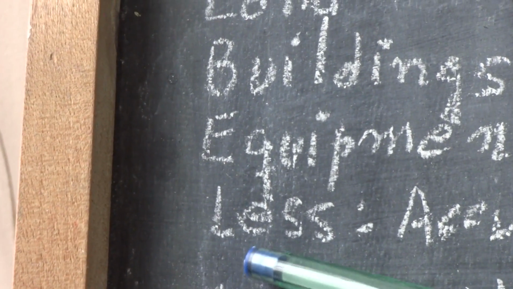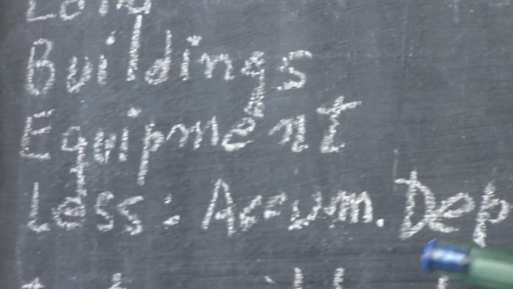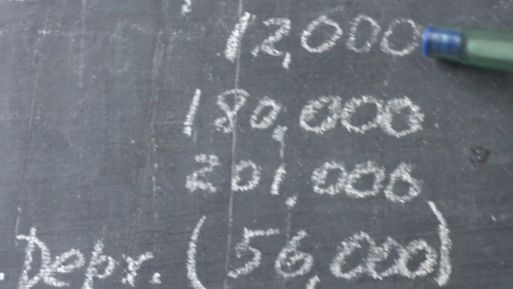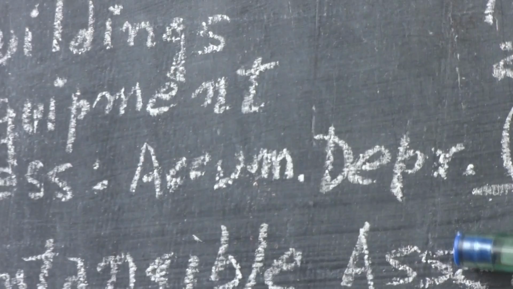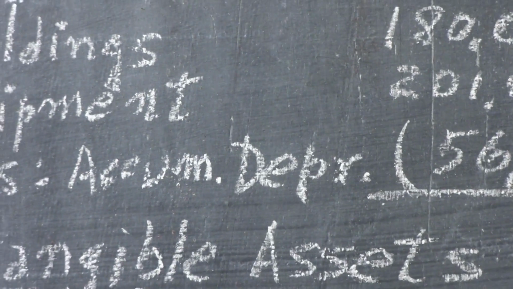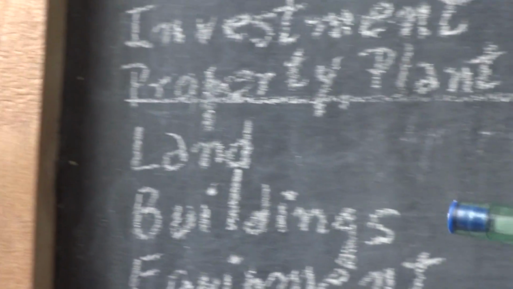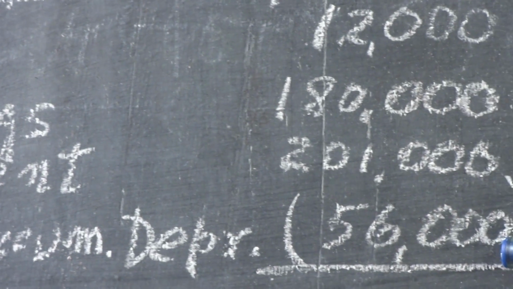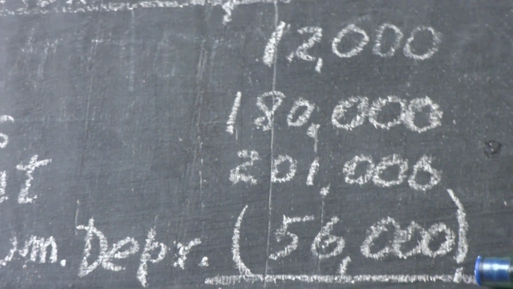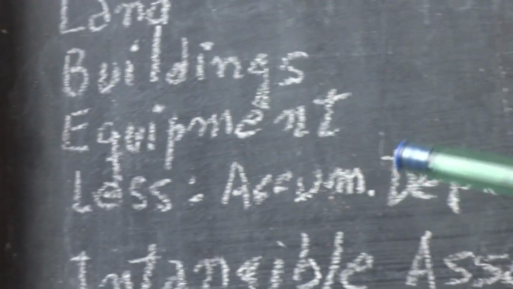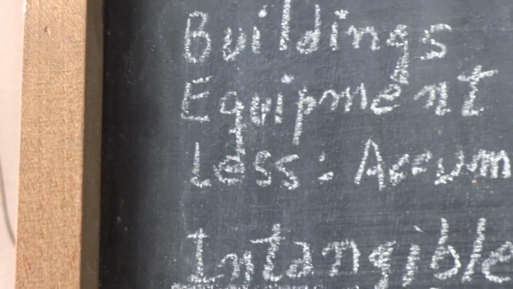Here we have to subtract the accumulated depreciation for $56,000, and the depreciation is the expense that the Bright Corporation has in relation to its fixed assets, and is considered for the wear of the fixed asset.